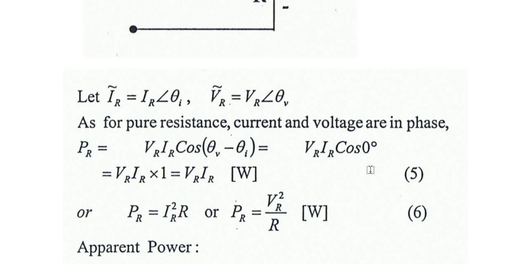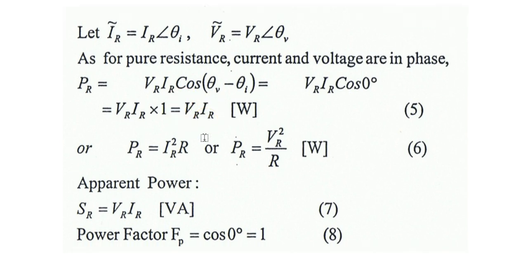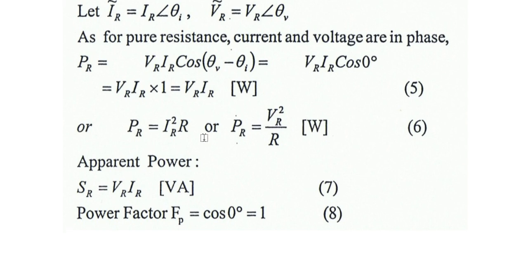It means that in a resistive circuit, the effective power PR is VR times IR, which is also the apparent power. Right? Because in a resistive circuit, there is no reactive power.